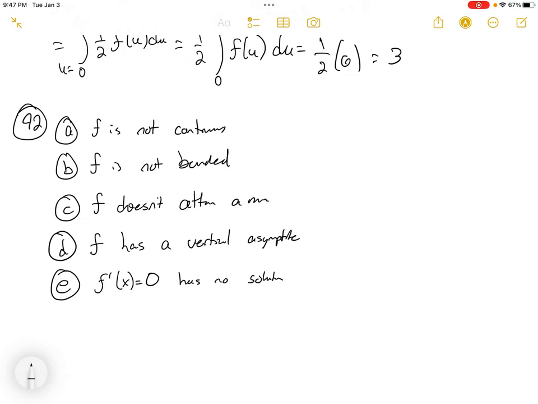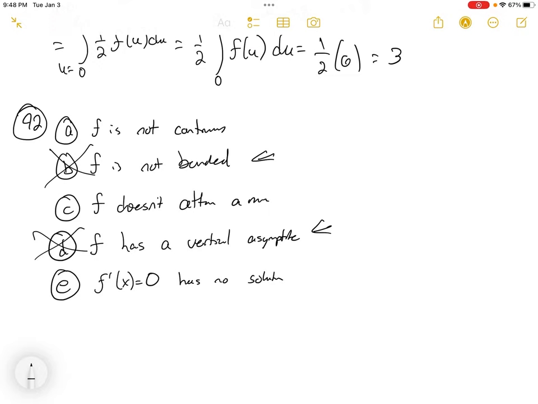Well, if it had a vertical asymptote and we approached infinity, that would be a way we didn't have a maximum. Then both B and D would both have to be true, right? We'd be unbounded and we would have a vertical asymptote. Well, they can't both be true, so neither of them is the correct answer. So there must be some other way.